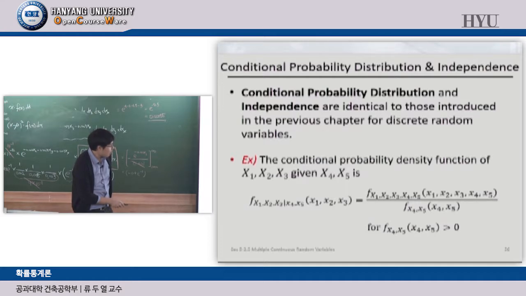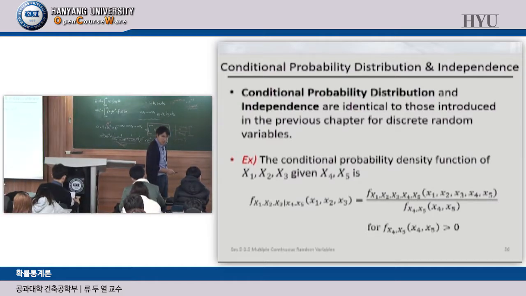This is the conditional probability function, right? And the conditional probability function is equal to the ratio of the joint probability density function and the marginal probability density function of x4 and x5. So the identical formulation is also applied to the case of the continuous random variable. But in this case, the marginal probability density function of x4, x5 should be larger than 0. Why? Because this is used for the denominator.